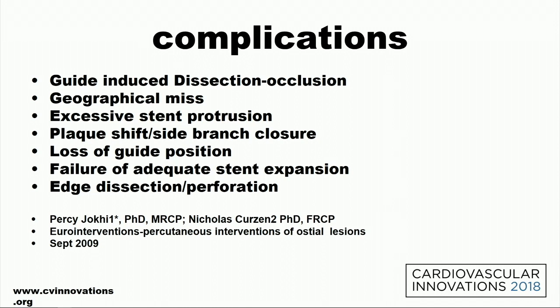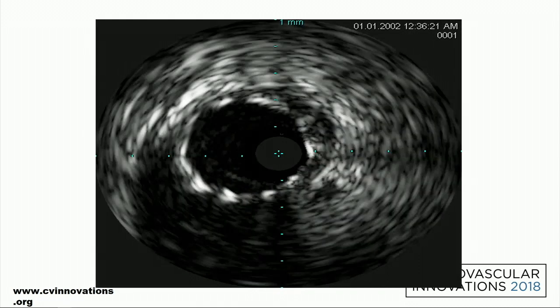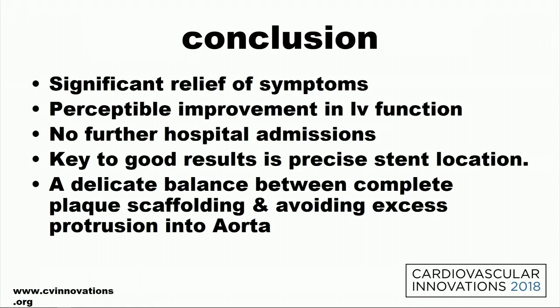Complications we find are guide-induced dissection, geographical miss, excessive stent protrusion, plaque shift, loss of guide position, failure of stent expansion, etc. Unfortunately, my IVUS is not running. The interesting thing was that after the procedure, within about 3 months, there was significant relief of symptoms, an improvement in ejection fraction, and he has had no further hospital admissions.